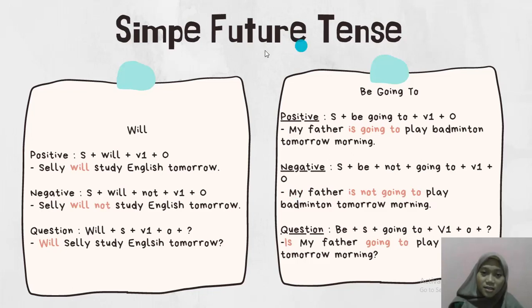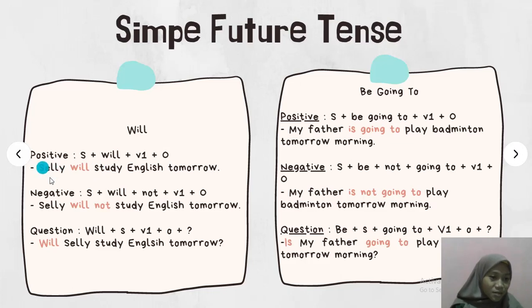And here is the example of will and be going to. First we talk about will. When we want to make a positive sentence or positive statement with will, the formulation is subject plus will plus verb 1 or base form verb and object.